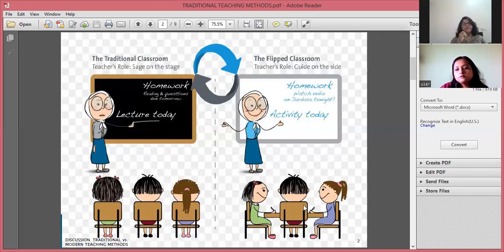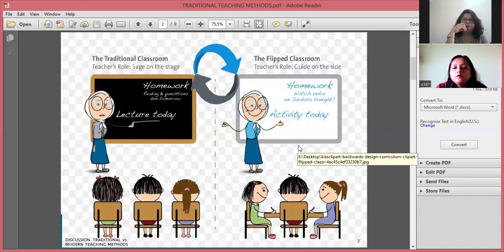So the students discuss with each other, and at the end they see the result. Basically, it is the transformation from the traditional method to the modern method.